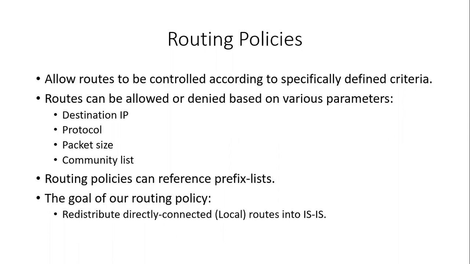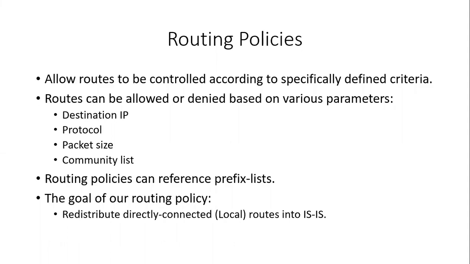So if we want to only accept certain prefixes through some type of protocol, or certain labels through LDP, we could specify those prefixes or those labels in a prefix list and reference that prefix list in our routing policy.